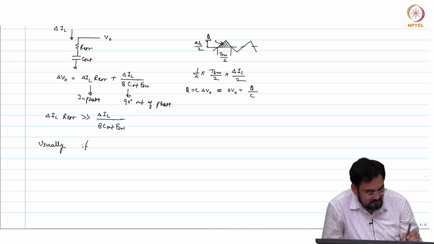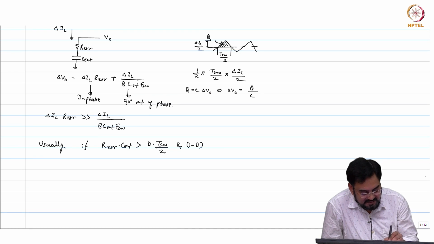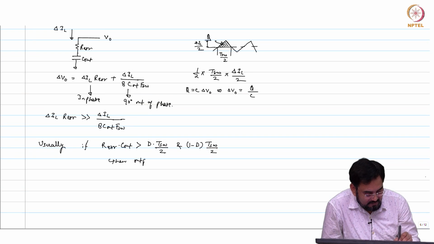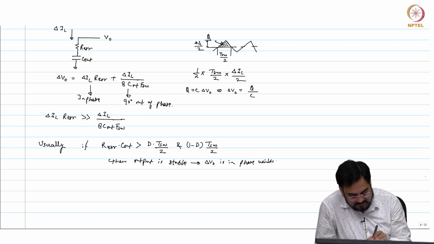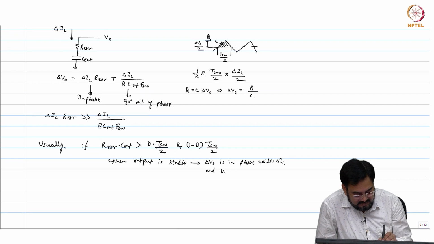if your RESR C out is greater than D times TSW by 2 and 1 minus D times TSW by 2, then output is stable, which means delta V out is in phase with delta IL and V out is bounded.